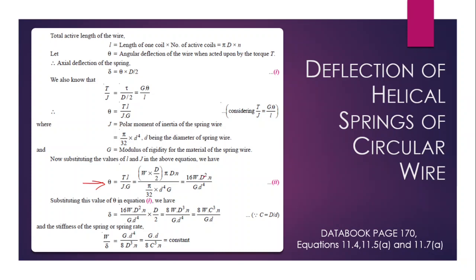Okay, all these equations, the equation for theta, the equation for delta, are available in the data book, page number 170, equations 11.4, 11.5a and 11.7a. The stiffness of the spring, or spring rate, is also available in the data book.